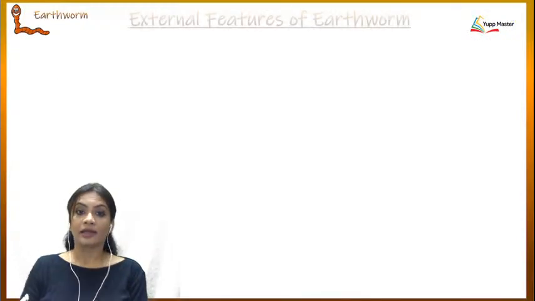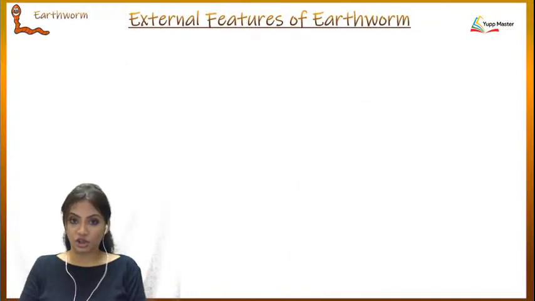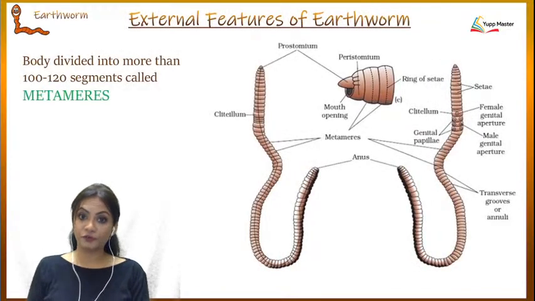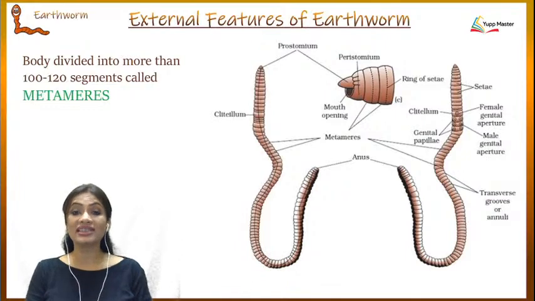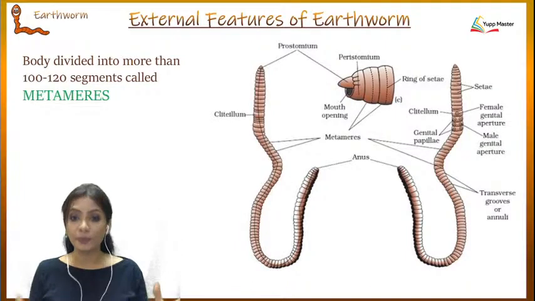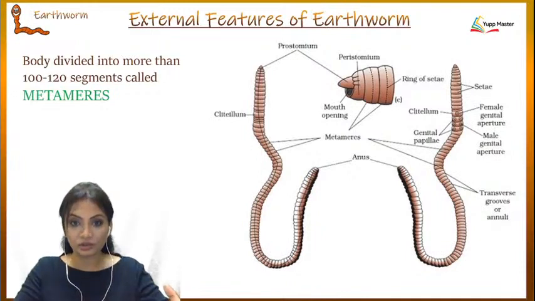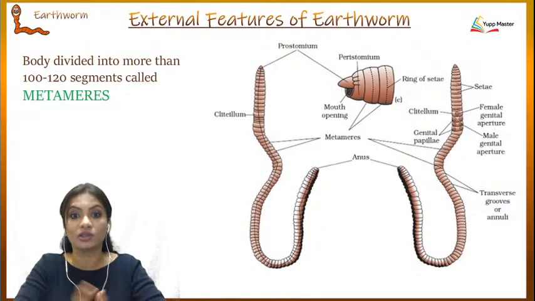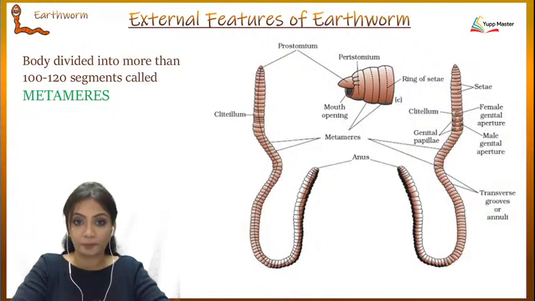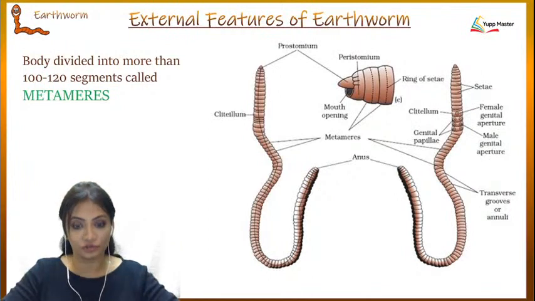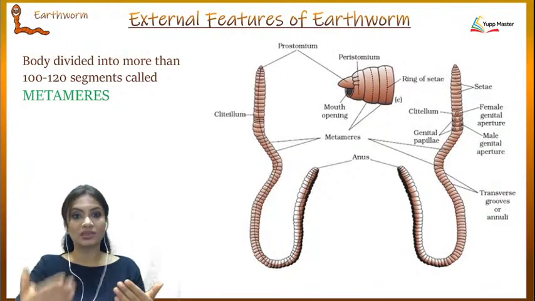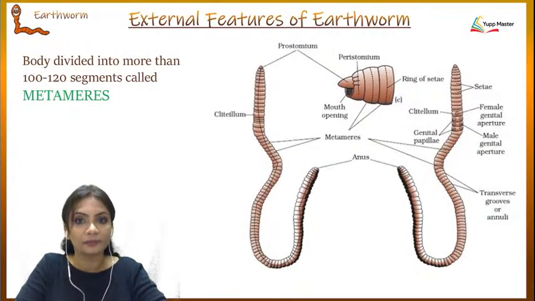Now, when we see the external features of an earthworm, first of all, understand that this is a worm whose segments can be seen so prominently. When you see this earthworm, there are so many segments. Also, the segments seen on the exterior surface of that earthworm are the same as those segments in the internal part.